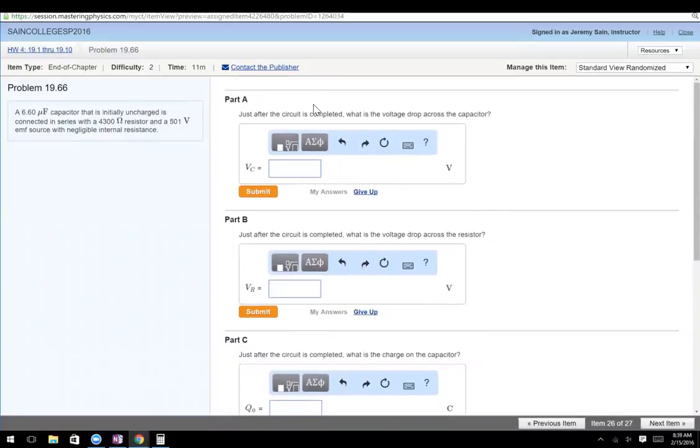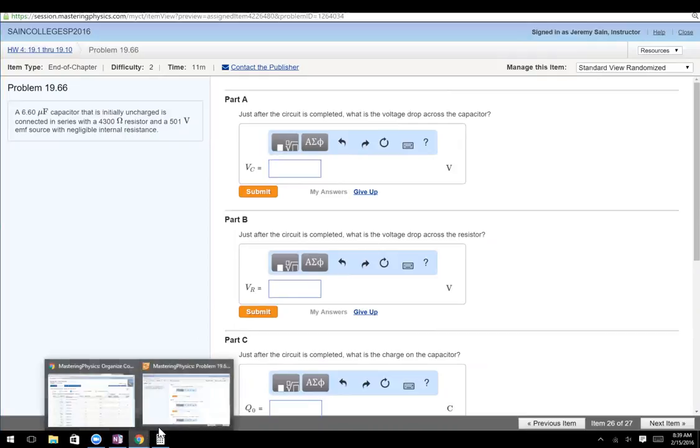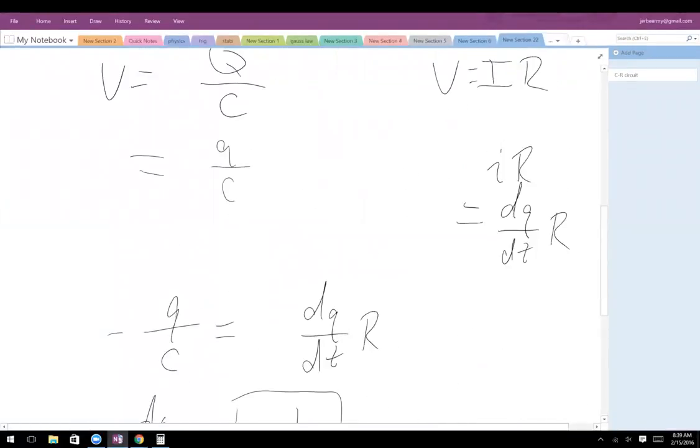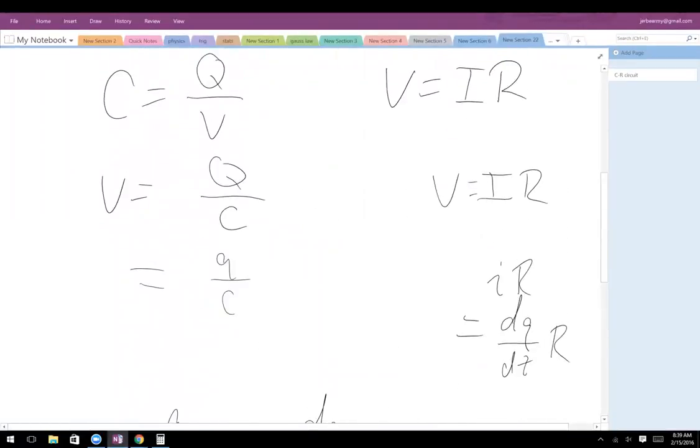Okay, gotcha. So just as the circuit's completed, what's the voltage drop across the capacitor? Well, again, the voltage drop across the capacitor is Q over C. But when we're first connecting this, there is no Q on the capacitor. So initially it's 0.